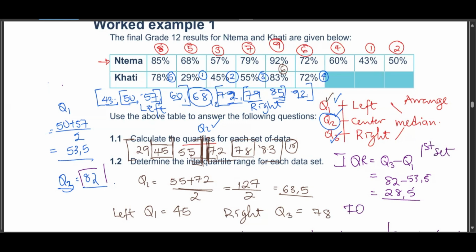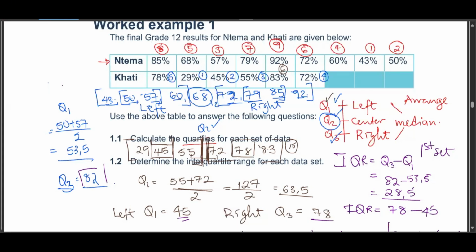The interquartile range for the second set is going to be the 78, which is Q3, minus Q1, which is 45.